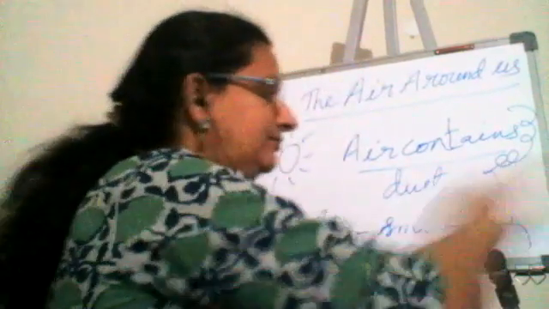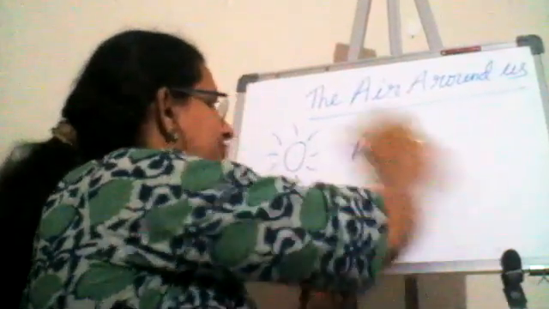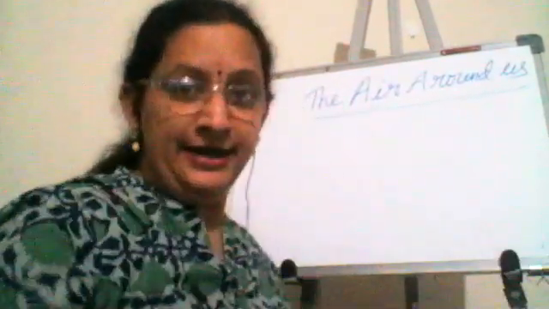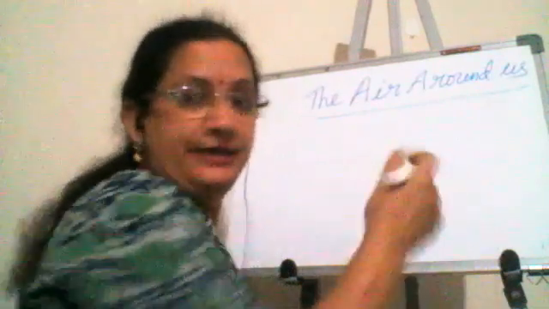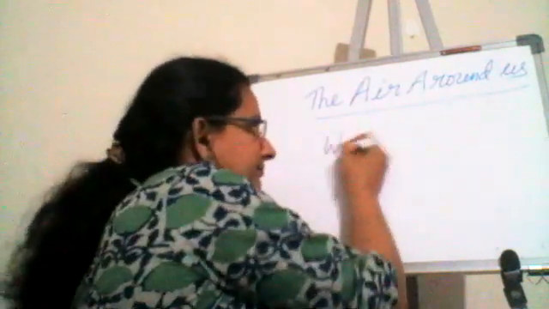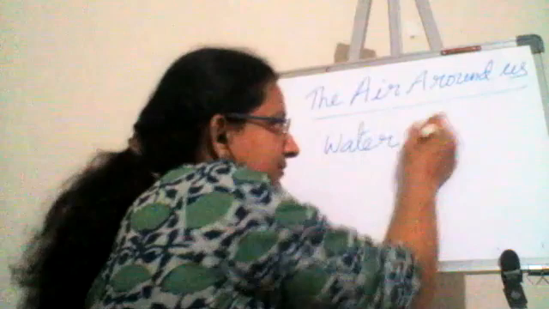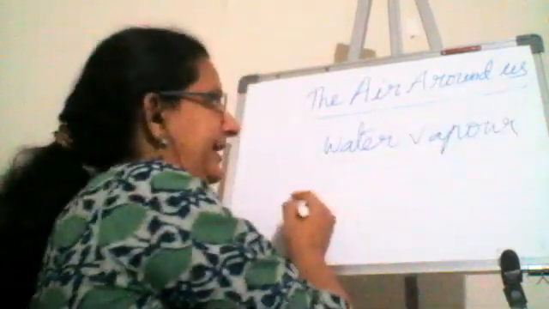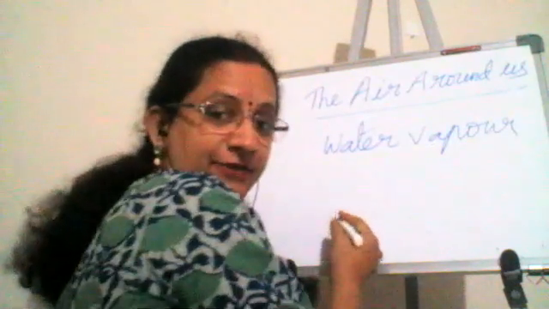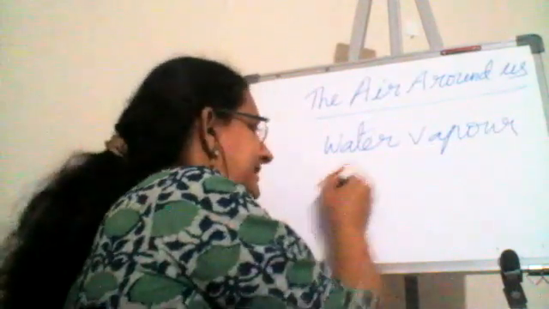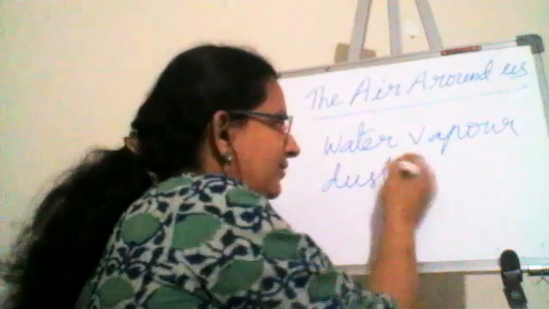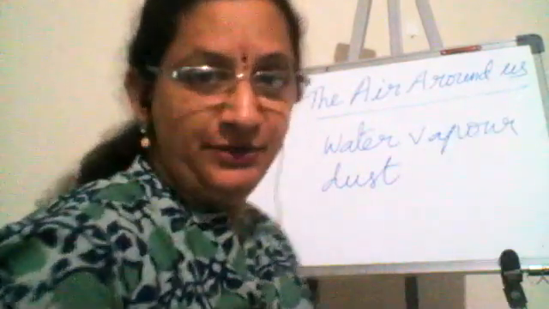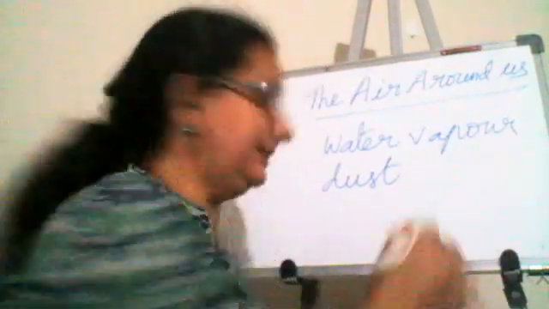Now, what all things the air contains, let us write on the board and understand by the end of the lesson. Initially, we thought of water vapor because the water from the lakes is going up into the air. Then we learnt about the dust. A lot of dust goes into the air when we are sweeping and cleaning.